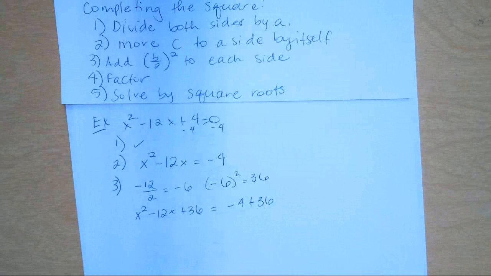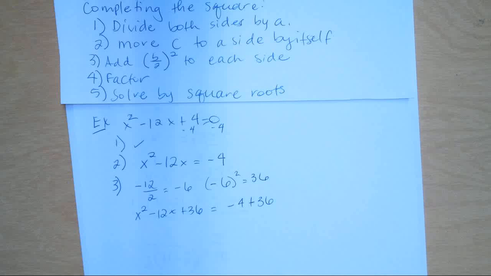Someone tell me why. You have to. Why? To make it equal, right? If you just added 36 to one side, the problem isn't going to be the same. So to keep it equal, we have to add 36 to both sides.